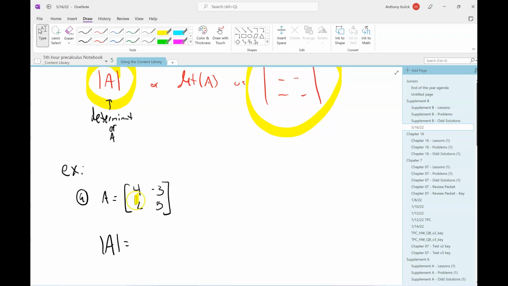Why did my pen stop working? There we go. Okay. We're going to take the product of the main diagonal, and then subtract the product of the other diagonal. That's it.